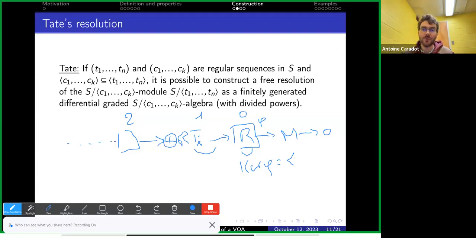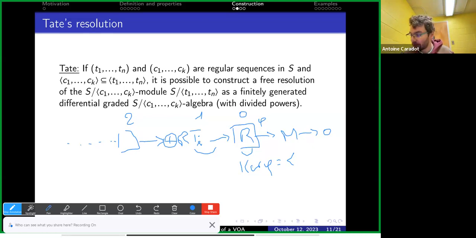The construction works in all generality for Tate, but the issue with the construction is that it may never end. You might have to make it exact at each step, and it may never stop. The limit process will be exact, but if you want to compute something, it needs to end at some point.